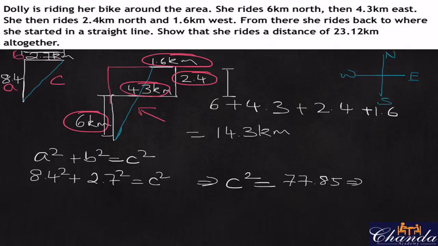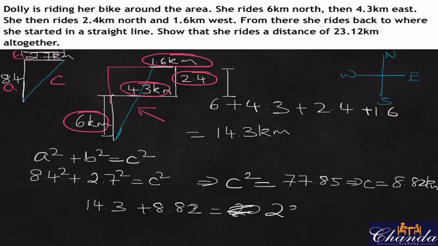Therefore, C is equal to 8.82 kilometers. So if we add up 14.3, which is how much she rode earlier, and then 8.82, which is the distance that she rode straight back to the original point, we get a value of 23.12 kilometers. So we know that she indeed did ride a distance of 23.12 kilometers altogether.